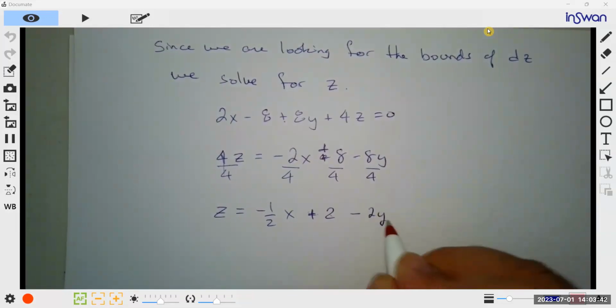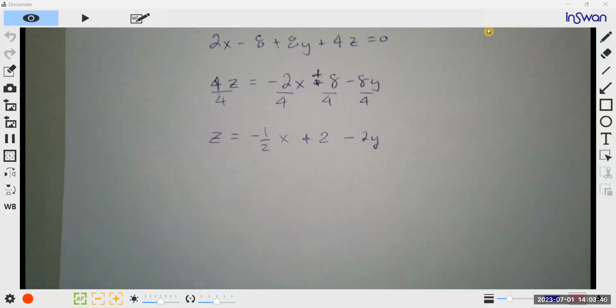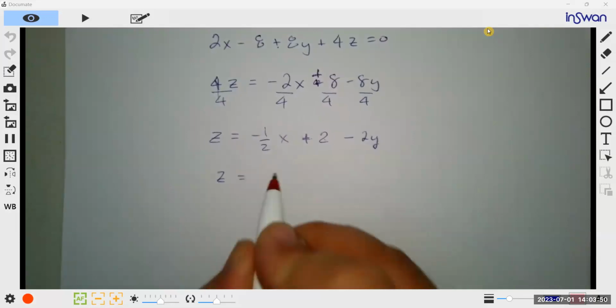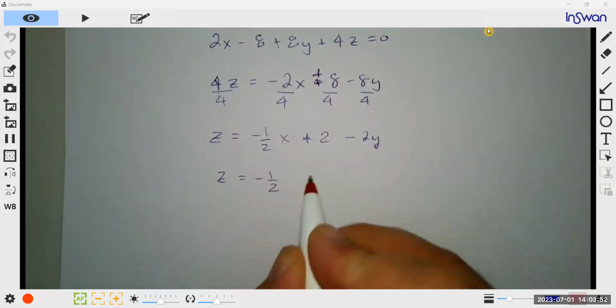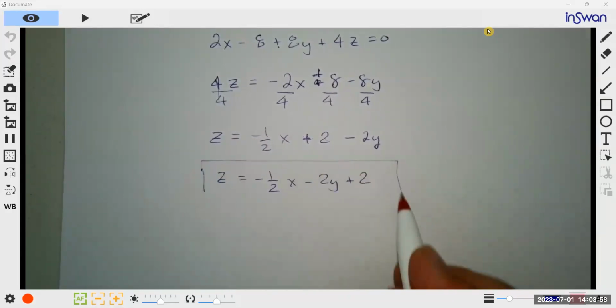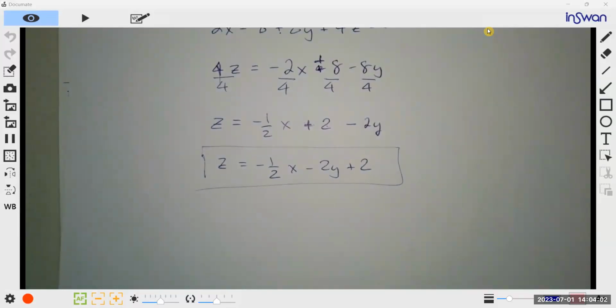Minus 2y. All right, so let's put this in. So that's our limit for z.